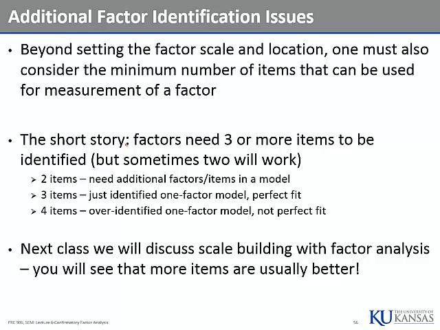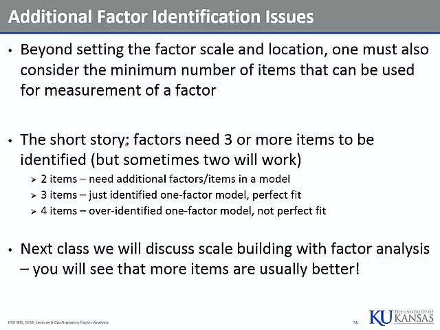Even if we set the mean of the factor to 0, set the variance of the factor to 1, we'd have a factor loading that we couldn't figure out because the item all it has is a mean and the variance, and those get described by the item intercept and the residual variance. So there's really no way we can do that with one item.